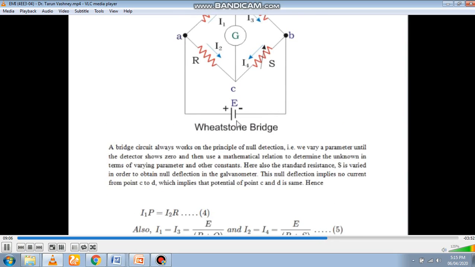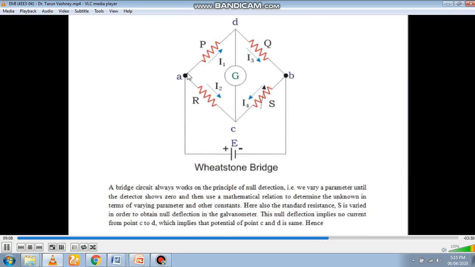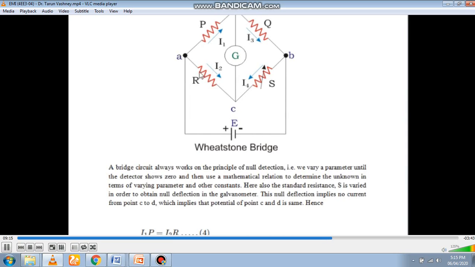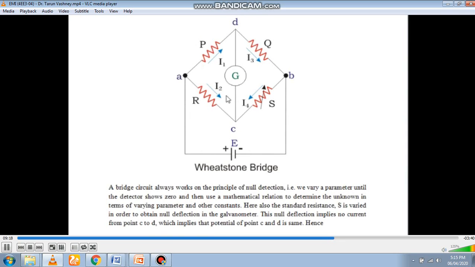This can be represented by IP into P must be equal to I2 into R. The potential drop at point D is IP into P, and the potential drop at point C is I2 into R, which must be equal at null deflection.